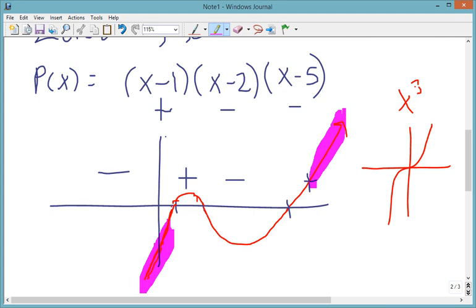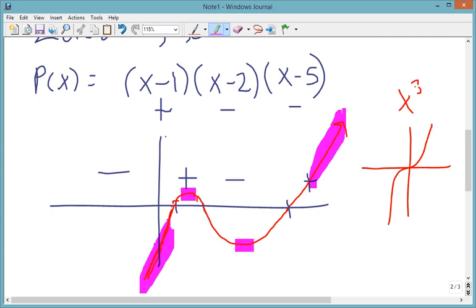Okay, now I want you to also notice that right here there is a local maximum, and right here there's a local minimum. So it's possible for us to have at most 2 of those if we have a third degree polynomial. So why would that be? Well, with a third degree polynomial, we have 3 zeros at the most, right?